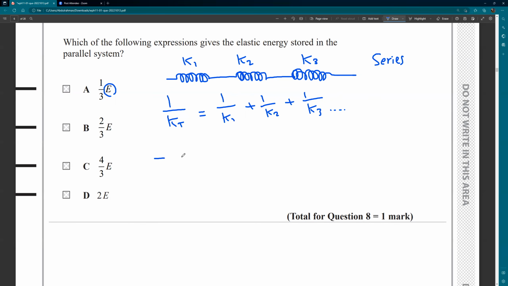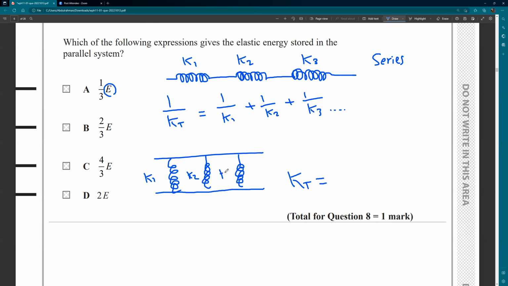Now for springs in parallel, like the question given, we're going to have to use the following relationship. The total spring constant of this arrangement, if the springs had spring constants K1, K2, K3, will be K1 plus K2 plus K3.